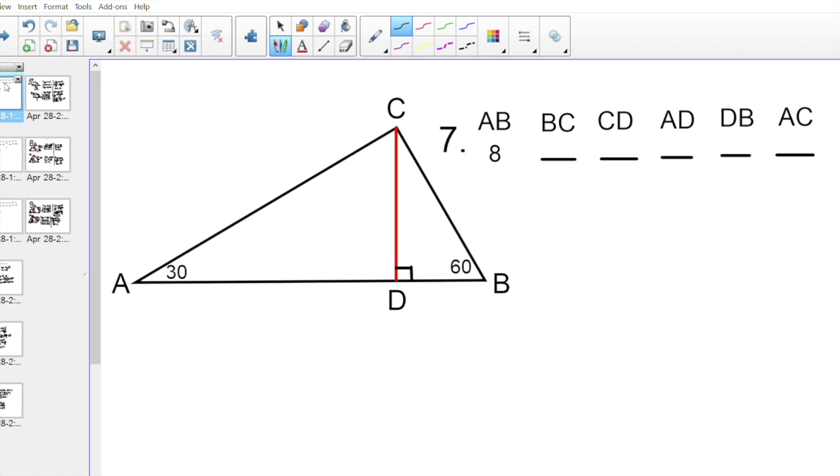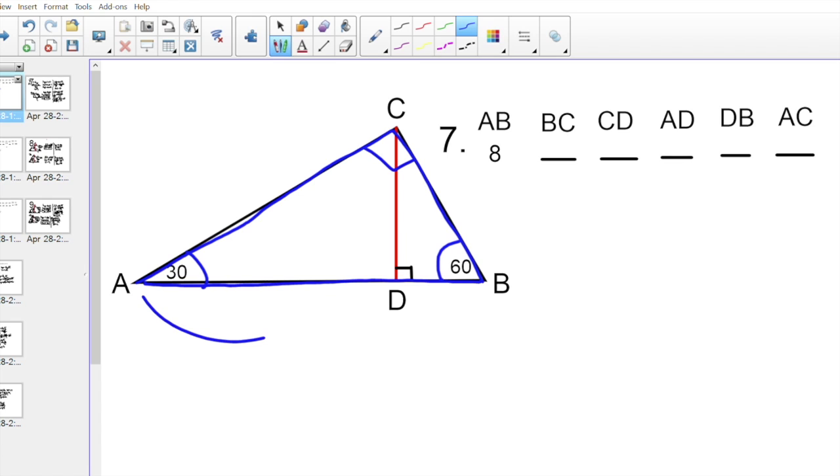What you've got to recognize is that we have a big right triangle. And I'm going to trace over that, if you would let me, with this blue. Okay? Now look at the blue. If this angle is 30 and this angle is 60, then that angle is 90.